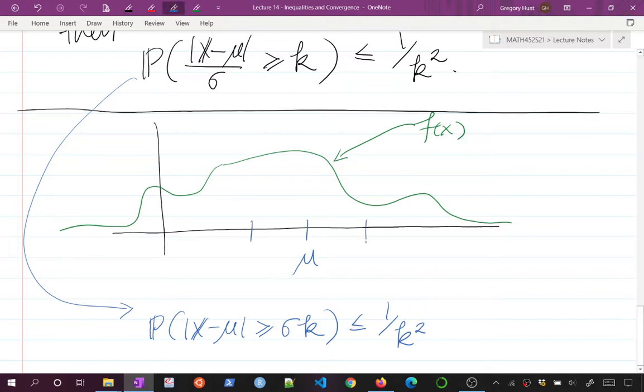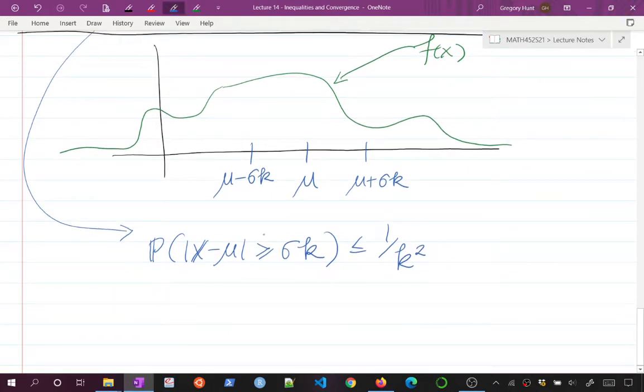You can think about going some K standard deviations away from your mean. So here is kind of our interval, mu minus sigma k to mu plus sigma k. And that's basically what we're looking at here. This is kind of the probability that we're outside.